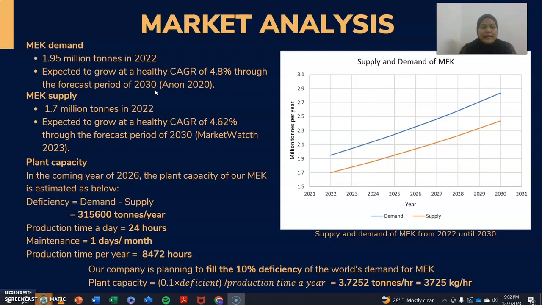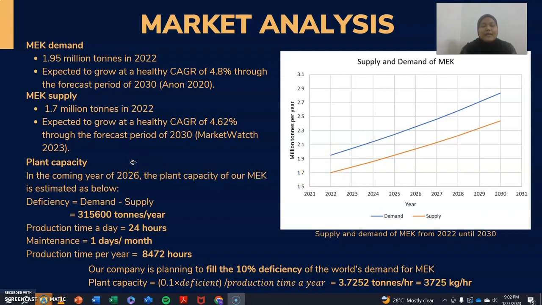The MEK supply in 2022 is 1.7 million tons, and this value is also expected to grow at a healthy CAGR of 4.62% through the forecast period of 2030. This figure shows the supply and demand of MEK from 2022 until 2030. As we can see here, the supply and demand of MEK are increasing every year.